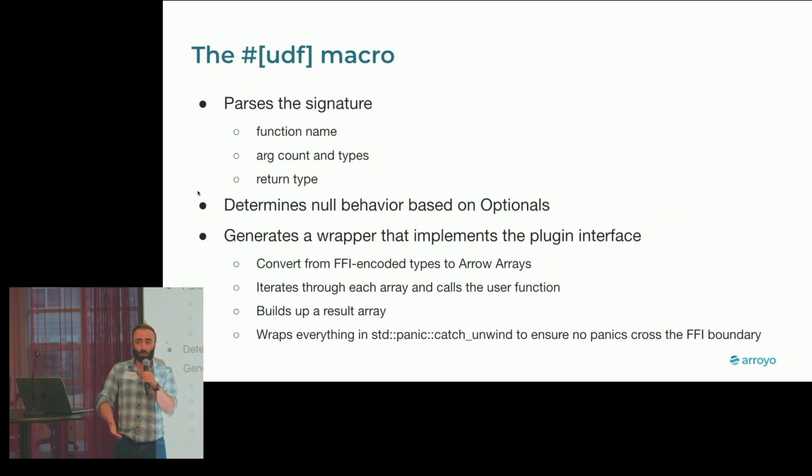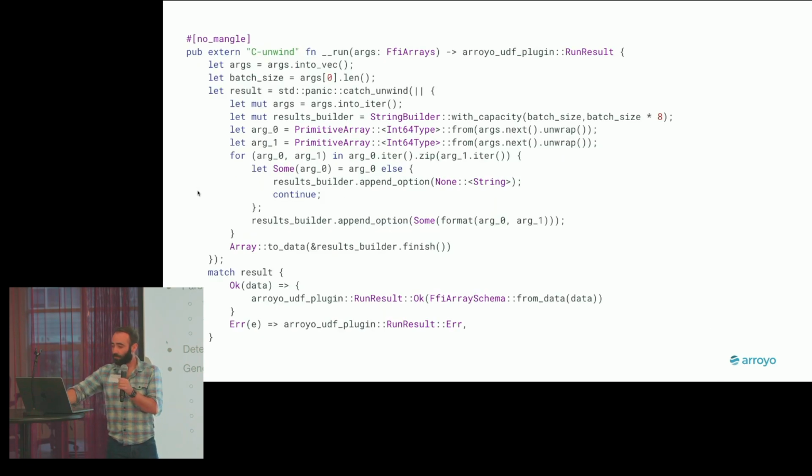If it's not optional, we're only going to call it on the non-null data. And then it generates a bunch of wrapper code that implements that FFI conversion, iterates through each array and calls the function, builds up the result array, and then wraps everything in a standard panic catch unwind, which ensures that no panics can cross that FFI boundary and potentially cause seg faults.